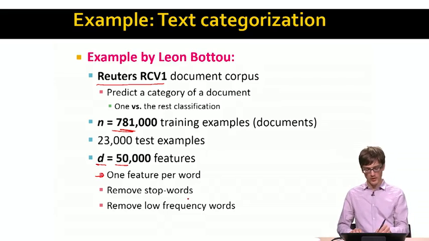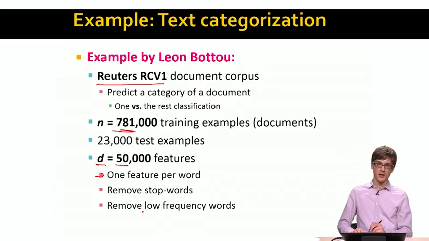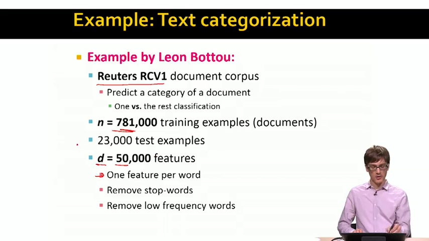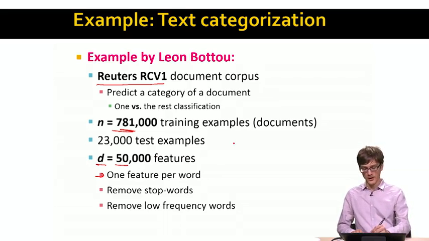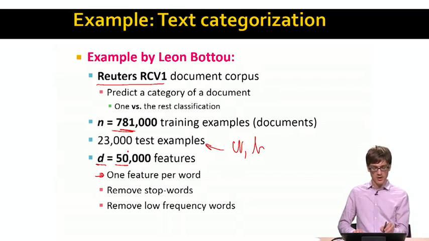We will remove words that are very common, and also words that are very rare, and keep the rest. We want to use these 700,000 documents to figure out a good value of W and B, and then evaluate our predictions on a small test set of 23,000 documents.